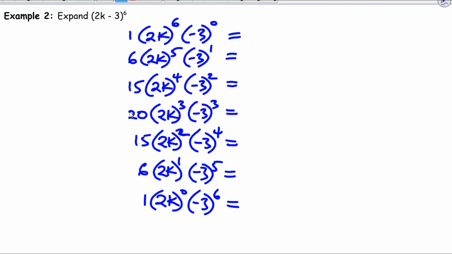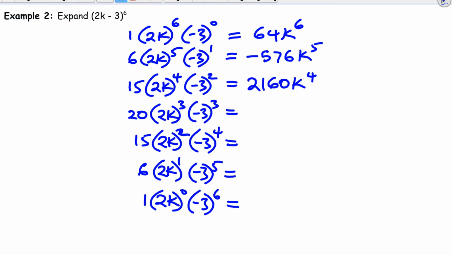because the numbers here are big numbers. So the first one you can just simplify. That will be 64k to power 6. The next one will be negative 576k to power 5. The next one will be 2160k to the power of 4.